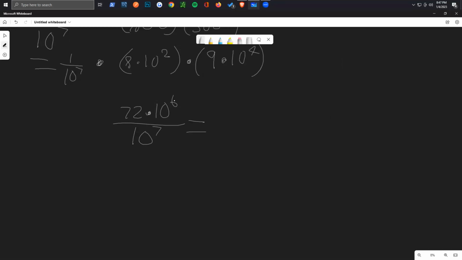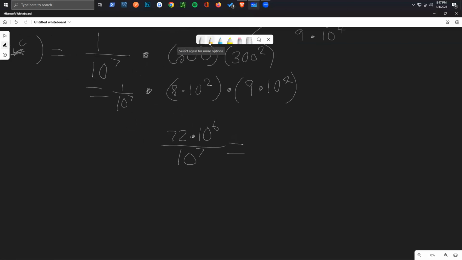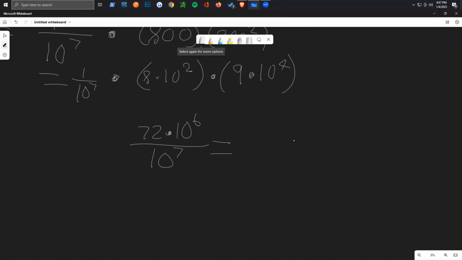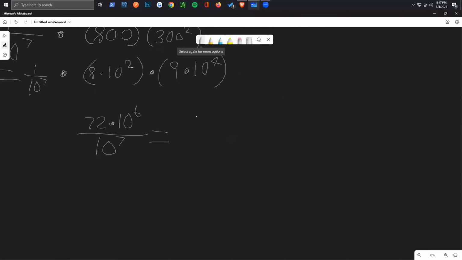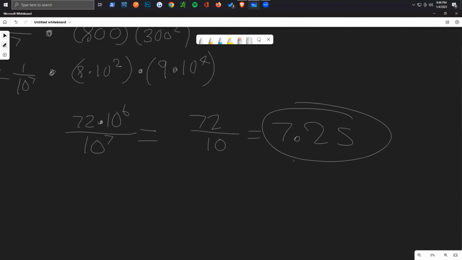If this exponent at the top is greater than the one at the bottom, with the same base, you're going to be subtracting it out. So you're going to have 72 divided by this, and you're going to be left over with a 10 right here. And that's going to be 7.2 seconds. So this is our answer right here.